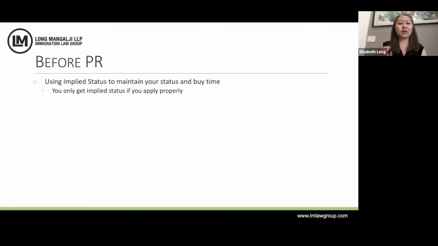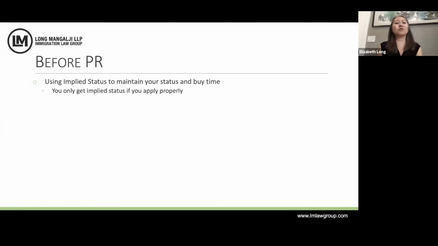The first thing that I wanted to talk to you guys about is implied status. Now, implied status is something that is very, very important for you to understand if you are a temporary resident. Temporary resident means that you have a study permit or you have a work permit or you're a visitor.